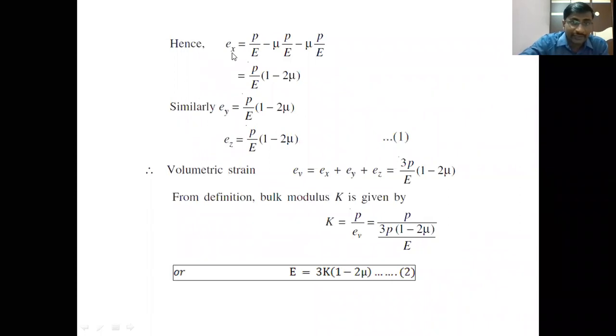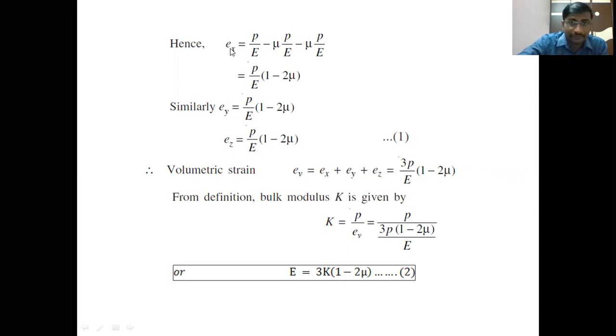Hence, strain in x direction, that is Ex, is equal to, because of the stress applied in x direction, it is positive. Because of the stress applied in y and z direction, it is negative, because applying tensile force in y and z direction decreases the dimension in x direction.